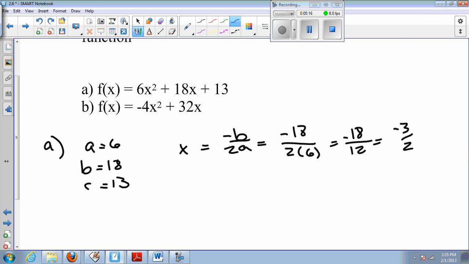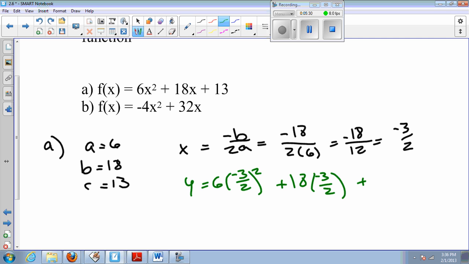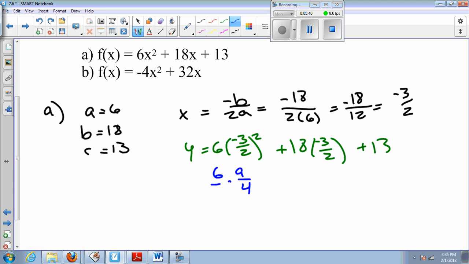Okay, now we need to find our y. So y equals 6 times negative 3 halves squared plus 18 times negative 3 halves plus 13. Negative 3 halves squared goes to 9 fourths times 6. And we can cross reduce 2 and 3.